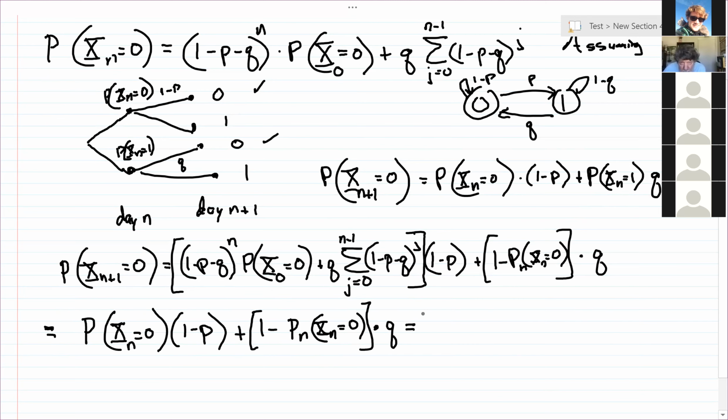So this times this is the probability that at time n you're broken, and minus P times that.